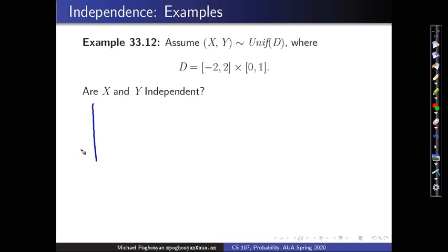So I am starting again from the picture, the support of our joint PDF. D is [-2, 2] times [0, 1]. Say this is 1. I will have this portion, this rectangle.